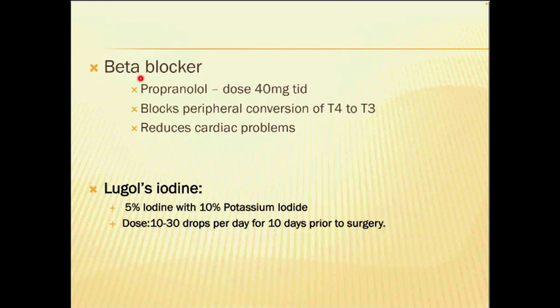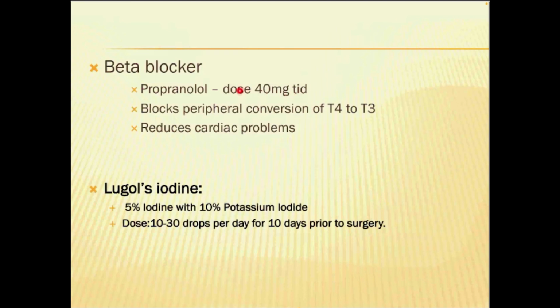So beta blockers, as said, also reduce the cardiac problems by reducing the sympathetic overstimulation, and they also block the peripheral conversion of T4 to T3. The commonly used beta blocker is propranolol, at a dose of 40 mg TDS, that is, thrice daily.